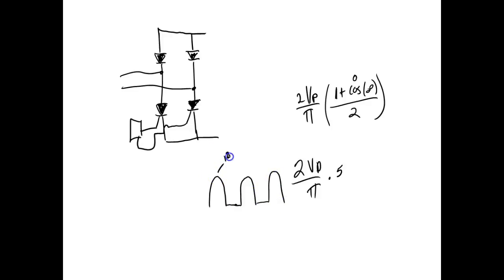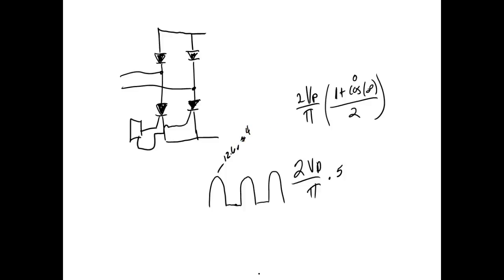So if this was 12.6 volts peak, then I'm going to take 12.6 divided by 3.14. That means our average DC would be approximately 4 volts.